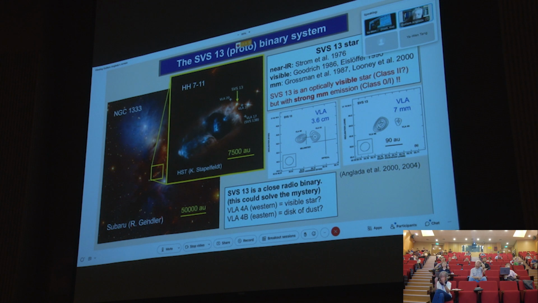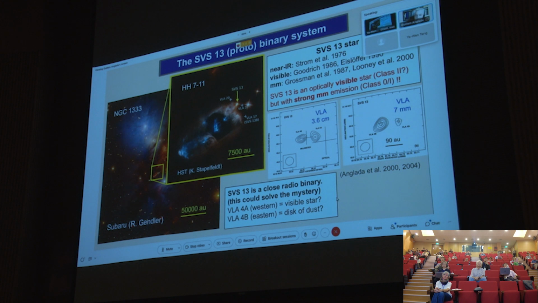Later we observed with the VLA and found that the eastern star, VLA-4b, was strong at 7 millimeters, suggesting it was associated with a disk of dust, and the other one was much weaker. So we suggested that the A component was the visible star, and the other one was the more embedded one, surrounded with a circumstellar disk.